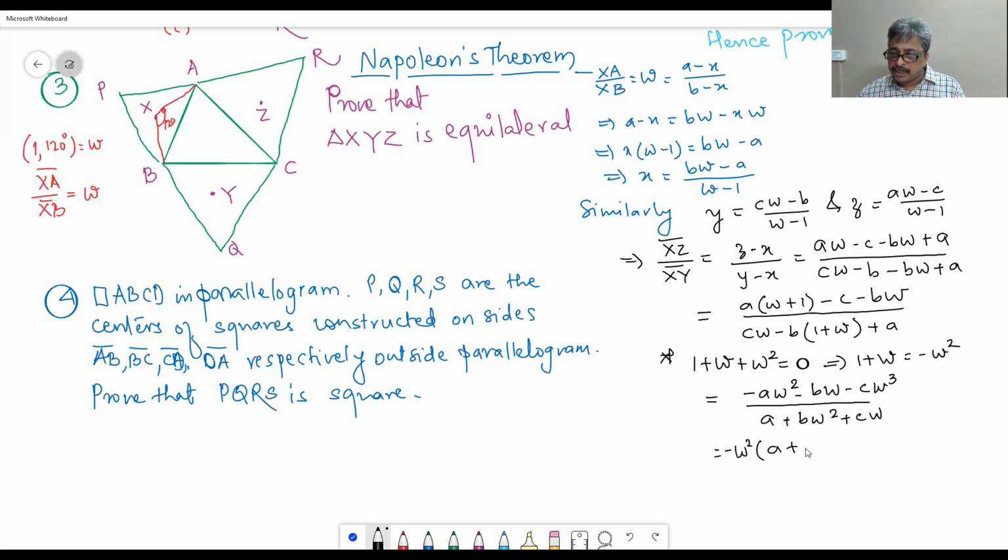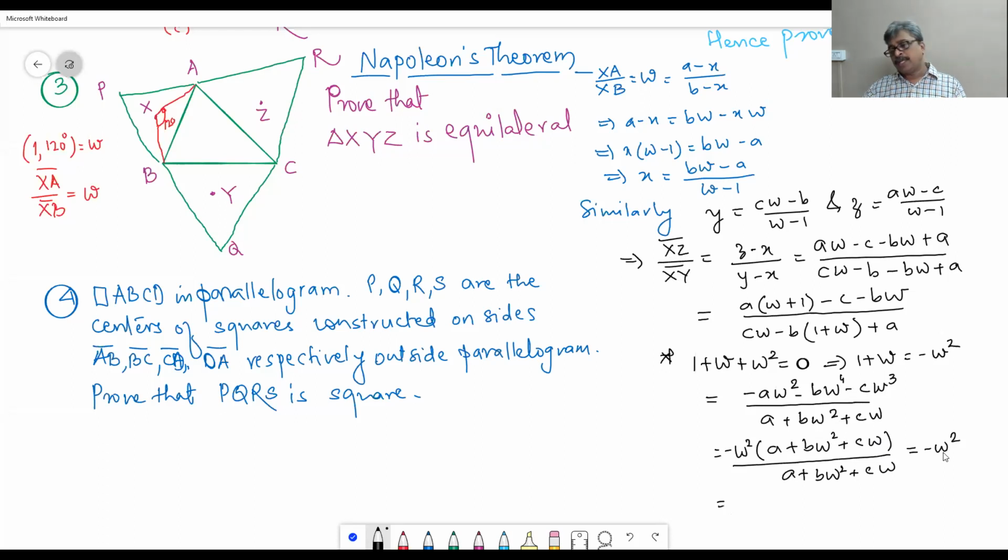We get a plus b omega. We can write this as omega raised to 4, and we are taking out minus omega square common. Therefore, this is b omega plus b omega square plus c omega divided by a plus b omega square plus c omega. So this ratio which we have considered, xz by xy, is equal to minus omega square.